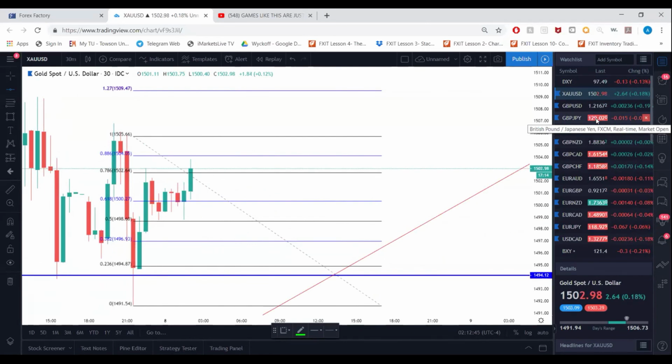If it breaks 1505, it is going to continue. But I see it coming down, honestly. I still think sell is valid because it just went up like 400 pips without a proper retrace.